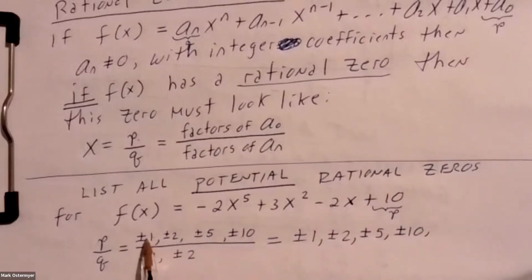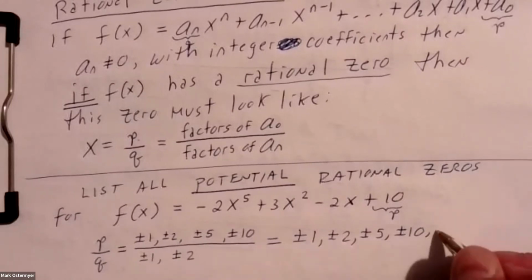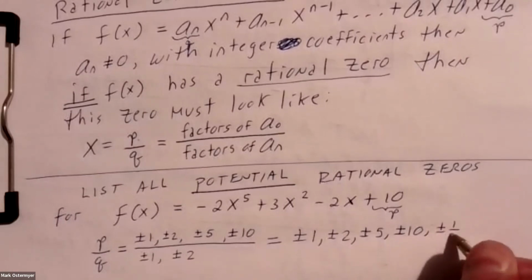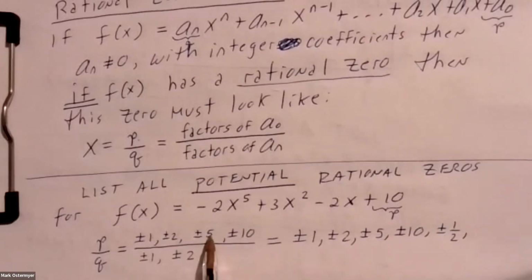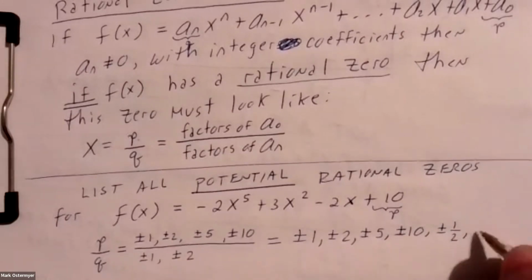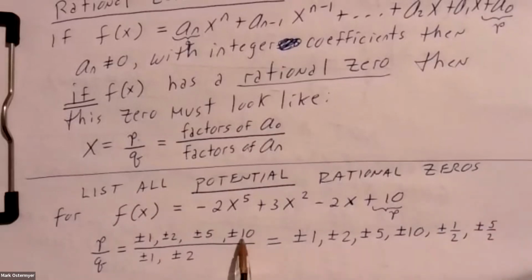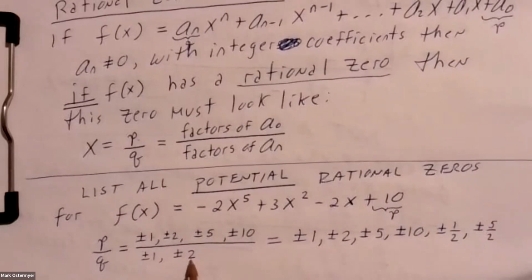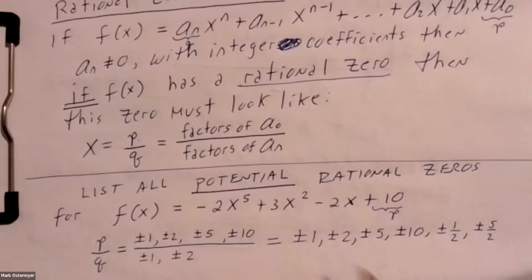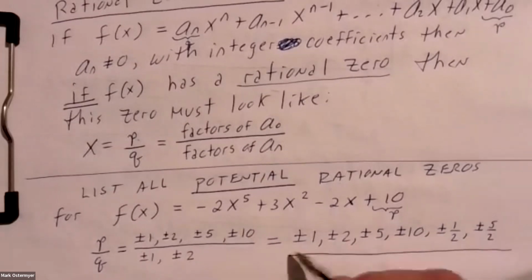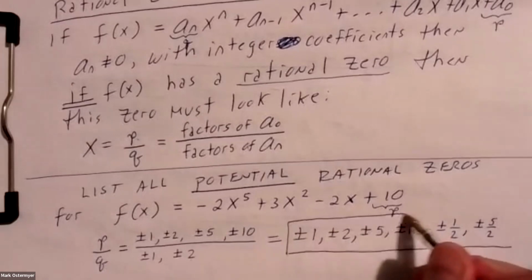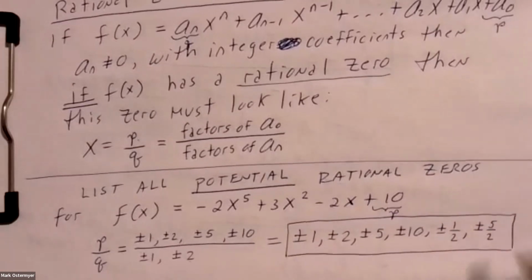You could have positive negative 1 divided by positive negative 2, which is positive negative 1/2. Positive negative 5 divided by positive negative 2, which is positive negative 5/2. Positive negative 10 divided by positive negative 2 is positive negative 5. We've already accounted for that. We don't have to account for this again. And there you go. This is a list of all potential rational zeros that this fifth degree polynomial may have.